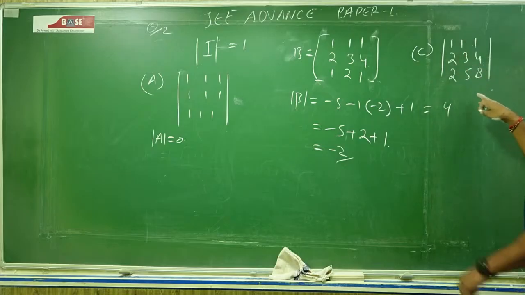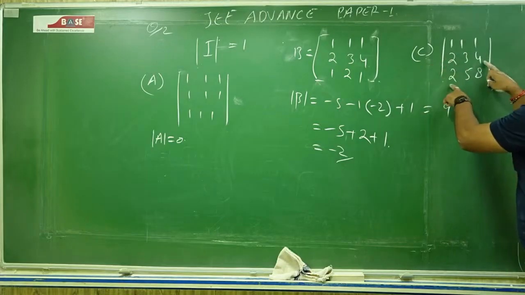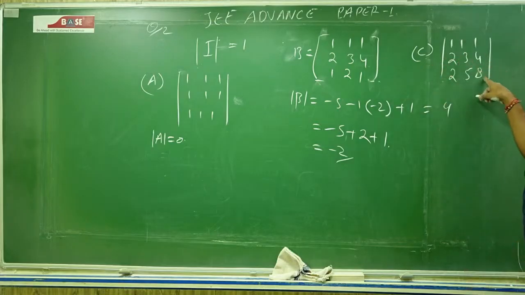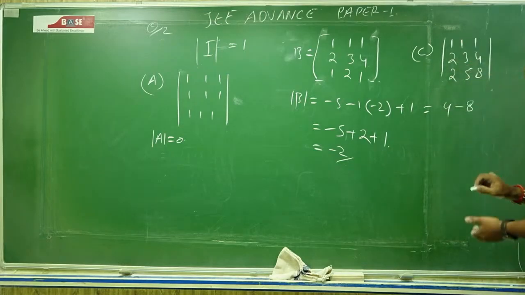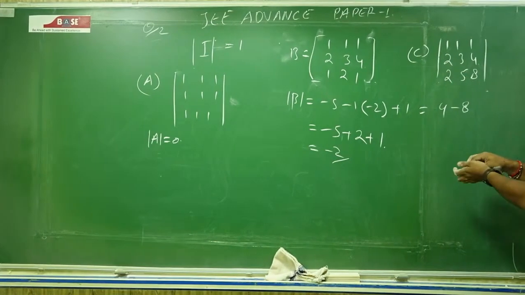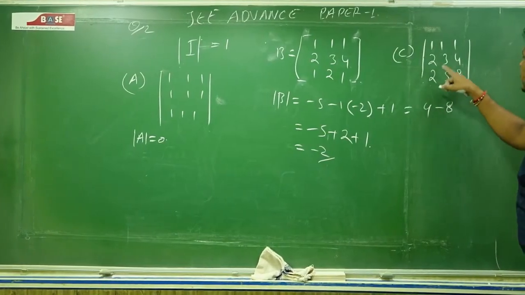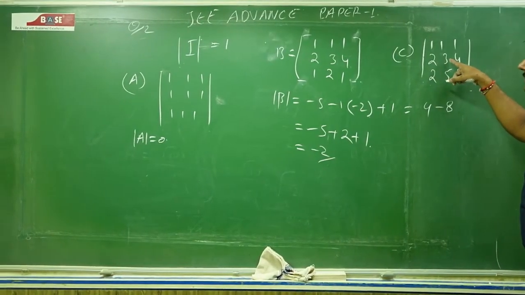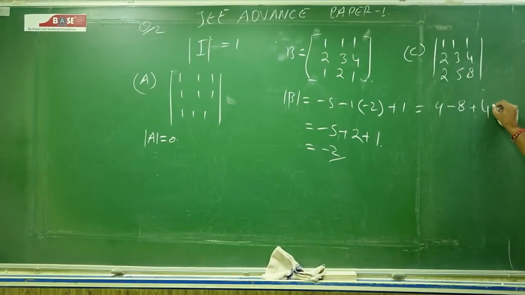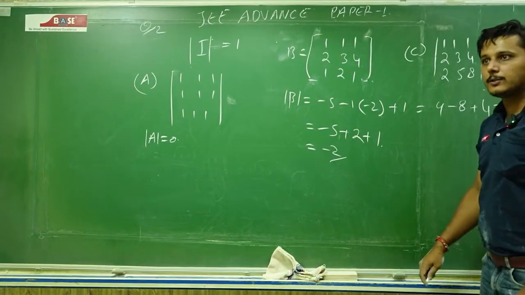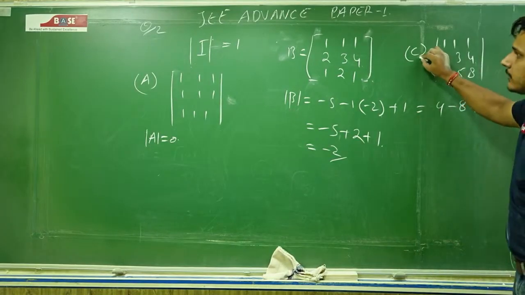This is minus 1. So 16 minus 8, sorry, plus 8. 16 minus 8 plus 8, but into this minus 8. Now 10 minus 15, sorry, 10 minus 6. 10 minus 6 plus 4. So this value is coming 0. So C cannot be the answer.